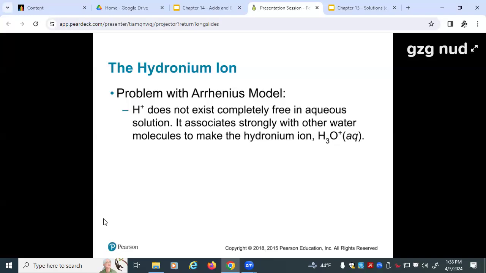What happens to those H+ ions from the acid is that they attach themselves to the water molecules inside the solution. So what we get instead is not H+ ions, but rather hydronium ions. Hydronium being H3O+.